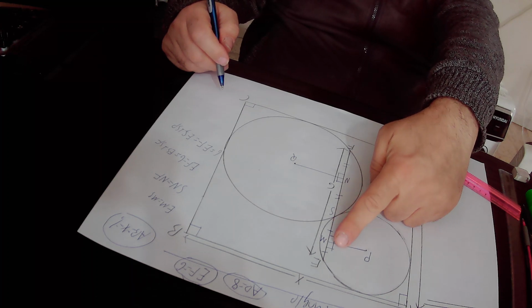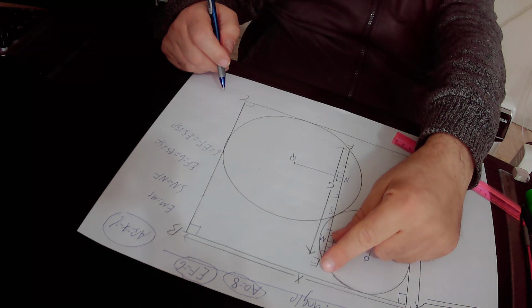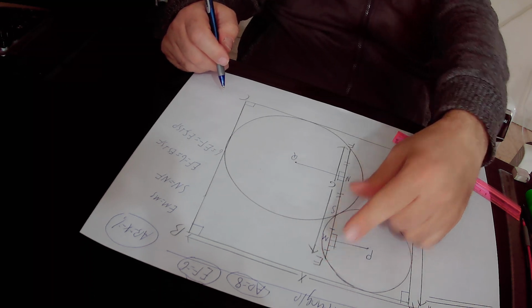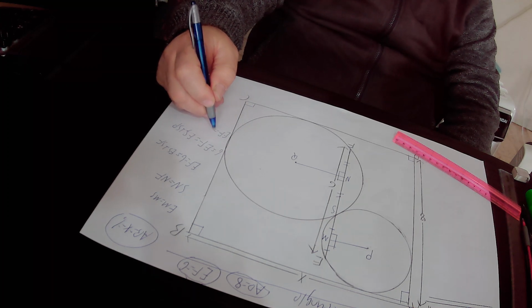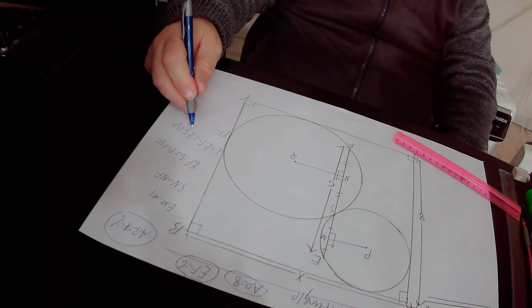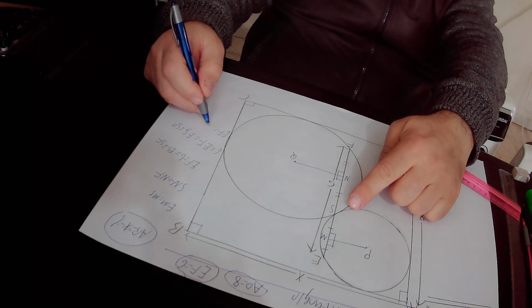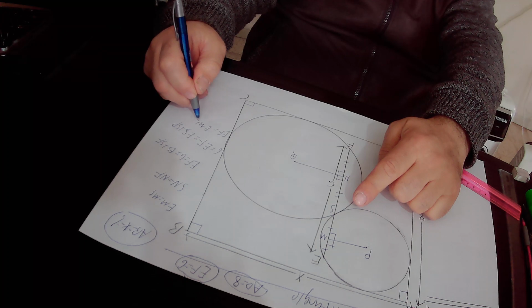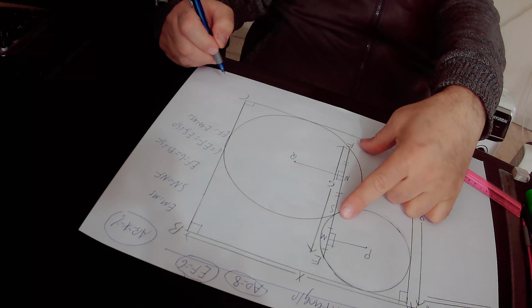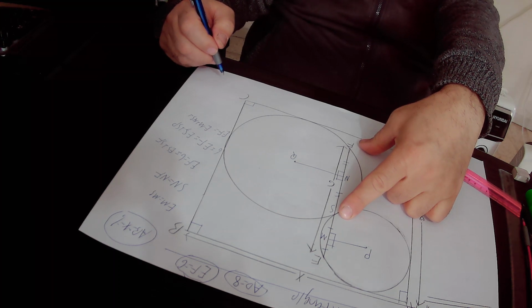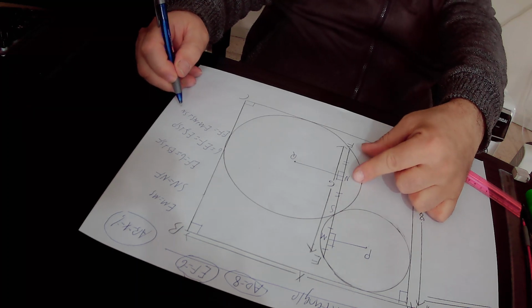ES is EM plus SM, so EM plus MS is ES. So EF equals ES, that is EM plus MS, plus SF. SF is equal to SN plus NF.